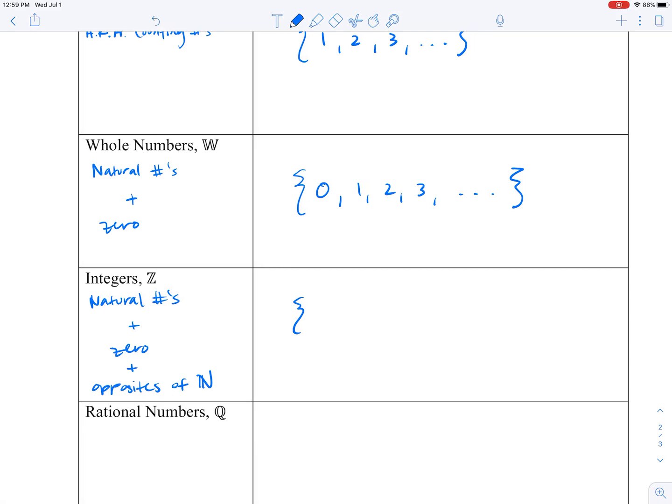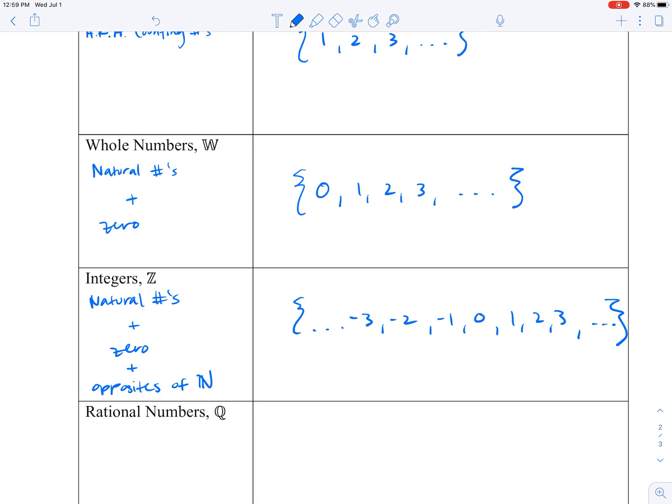Their opposites would be -1, -2, -3. So the opposite sign. I'm going to use the curly brackets again, on both sides of the list. So -3, -2, -1, 0, 1, 2, 3, and so on.